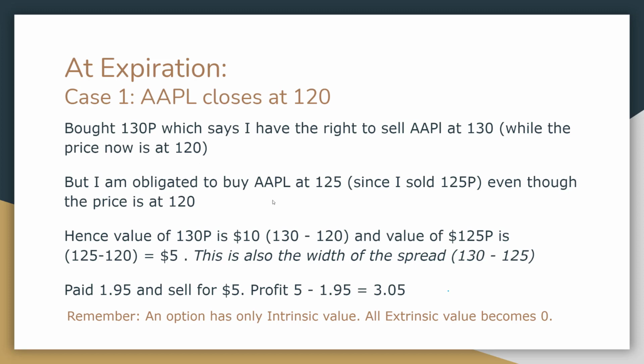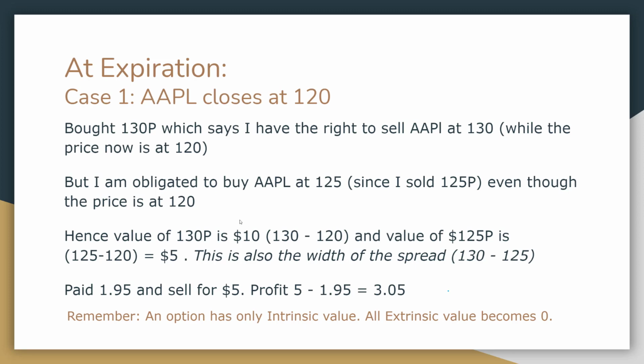But you are obligated to buy at 125 because you sold that put, even though the price is at 120. So let's see what the premiums are going to be. The 130 put's value is going to be $10, 130 minus 120. And the value of the 125 put is 125 minus 120, which is $5.